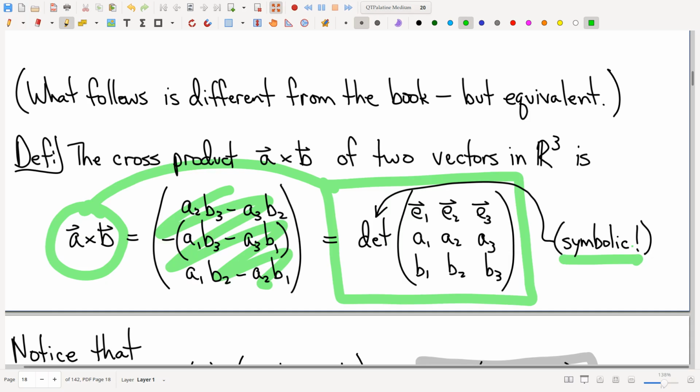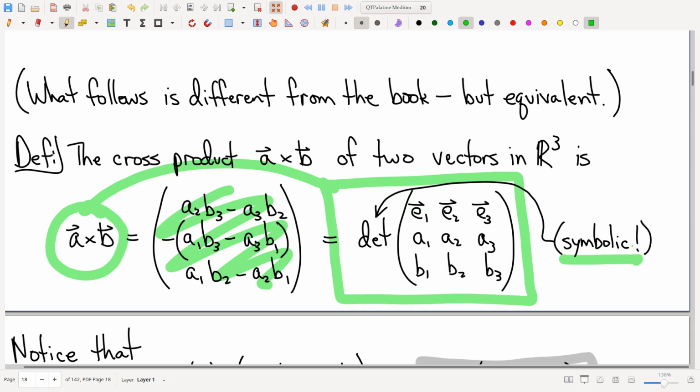Namely, start writing down a determinant like you normally would, ignoring the fact that some of those things aren't scalars. Just write it down, and what you write down is a formula that we'll call the symbolic determinant, and it turns out to be the same as the cross product. So, in my life, I've never memorized the formula on the left. I am quite sure that if I tried to memorize that formula, I would misremember it at some point.